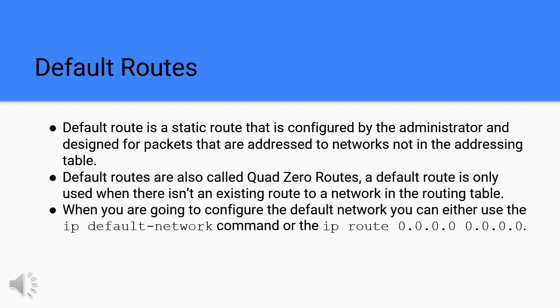When you're going to configure the default route in your routers, you can use either IP default-network and then the IP address of the default route, or you can use IP route 0.0.0.0 0.0.0.0 and then also enter the IP address of the default route that you're trying to set up.